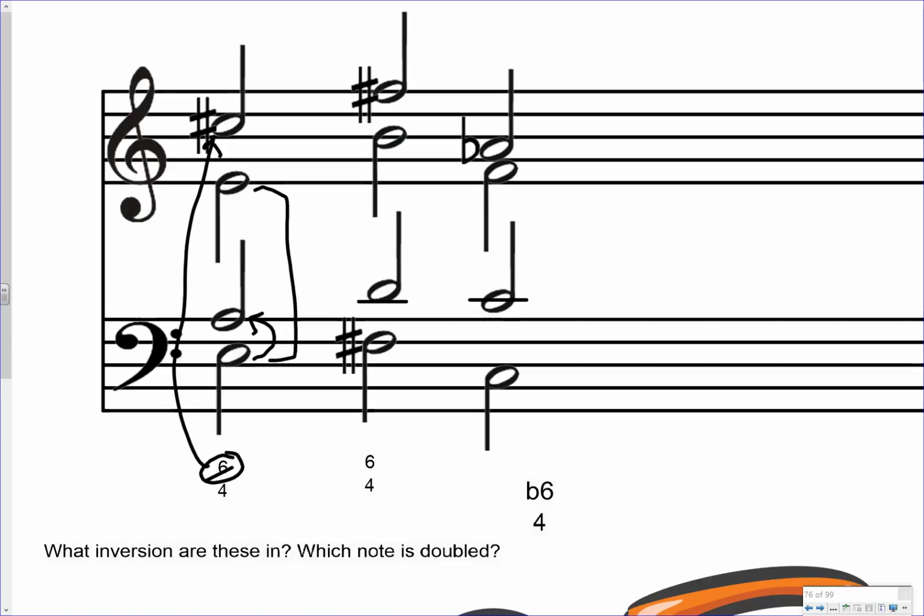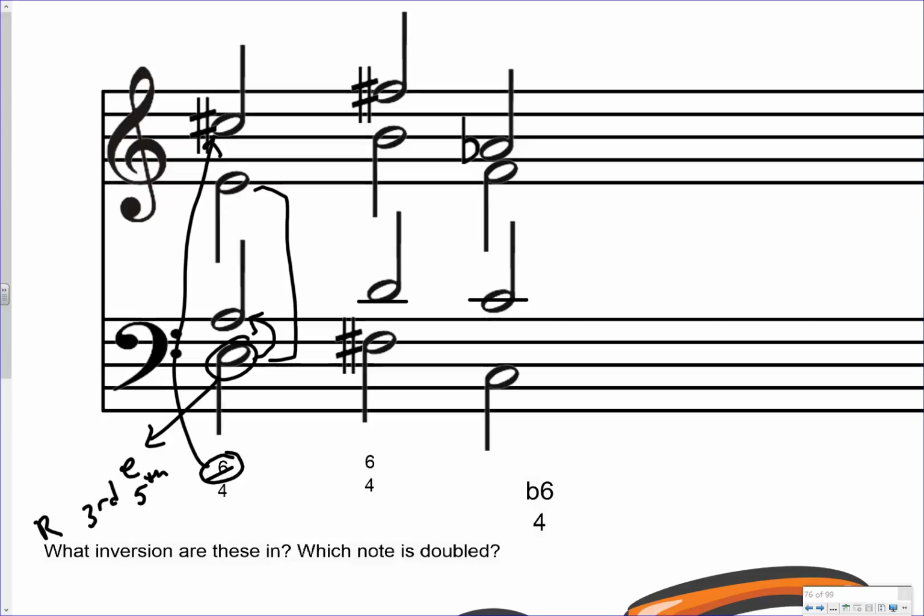So let's try to build this triad and figure out what the root is and what the fifth is and what the third is. Well, clearly if you see a 6/4, then right away the red flag should sound and it should tell you that we're in second inversion, which means that this E right here in the bass is going to be the fifth. So that means we need to find the third and the root.